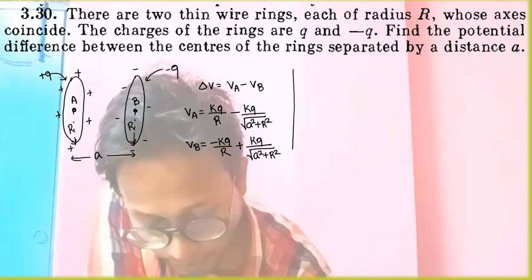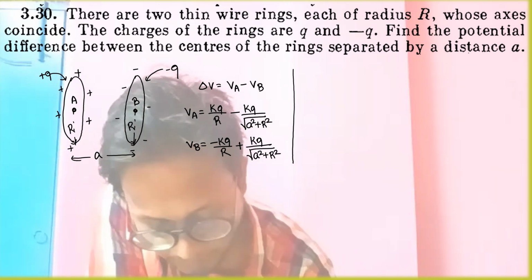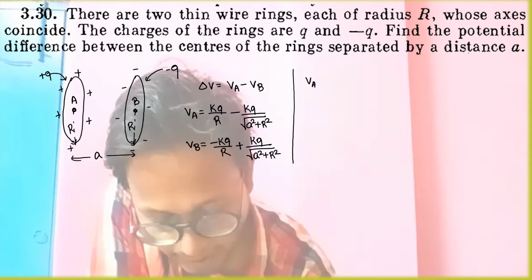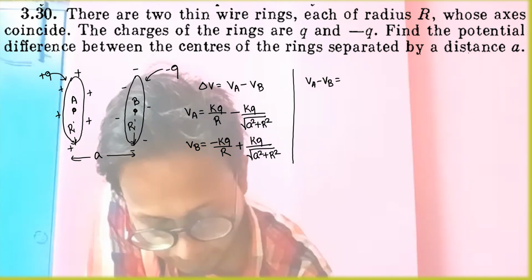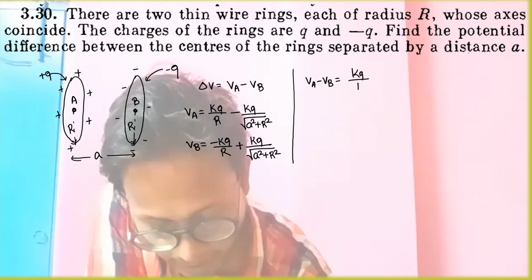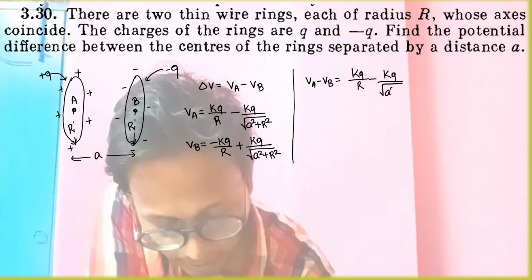Now what you have to do is find out the potential difference, that means VA minus VB. So VA minus VB, or potential difference between point A and B, is nothing but VA, which is equal to kq by r minus kq by under root of a square plus r square, isn't it?